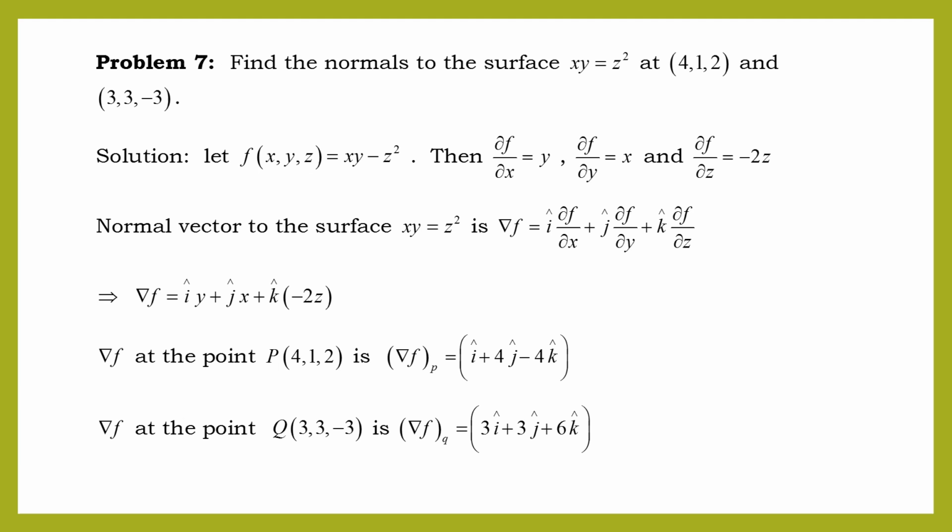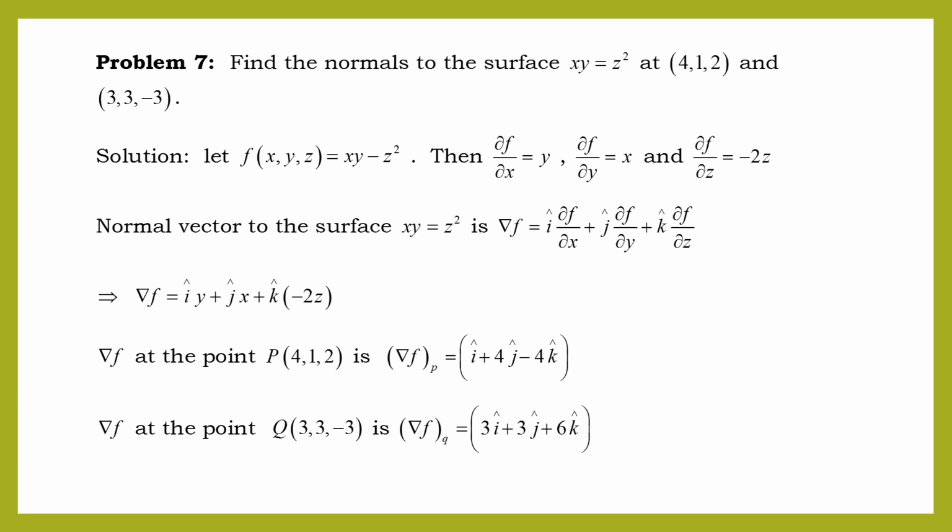In our previous problems, one surface is given and only one point is given. There we found normal to the surface at that given point. But here in this problem, only one surface is given, but we need to find out normals at the given two different points.